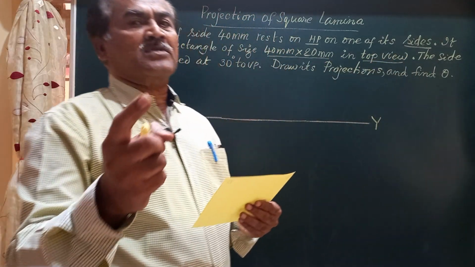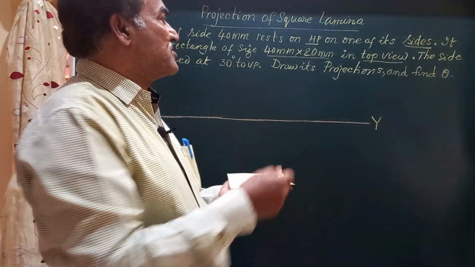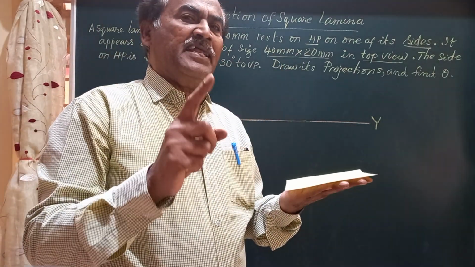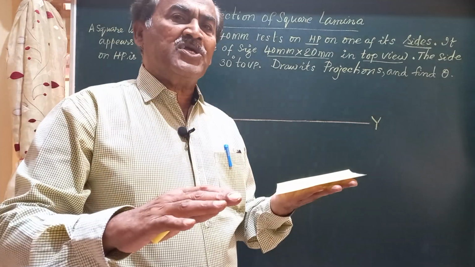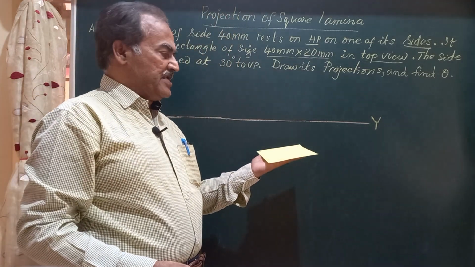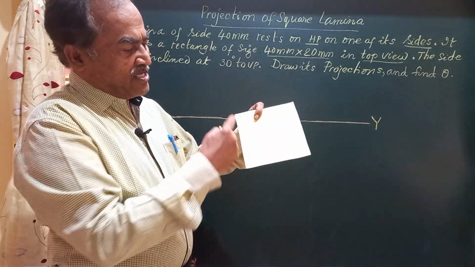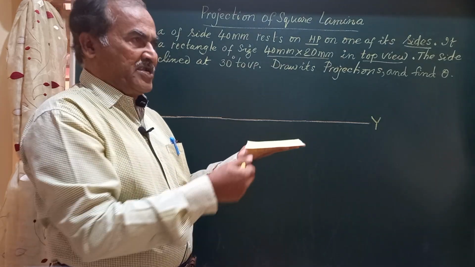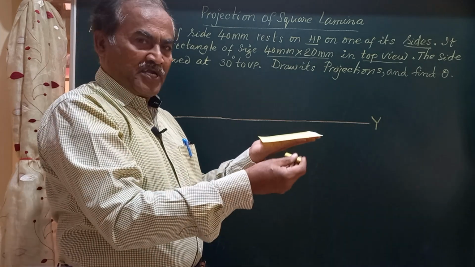So, from the first part of the statement, it is very clear that this lamina has to rest on HP. So, friends, whenever any lamina has to rest on either a corner on HP or a side on HP, place the lamina on HP such that one of the sides of that lamina is perpendicular to VP, or perpendicular to the wall in front of you, and obtain its top view and front view.